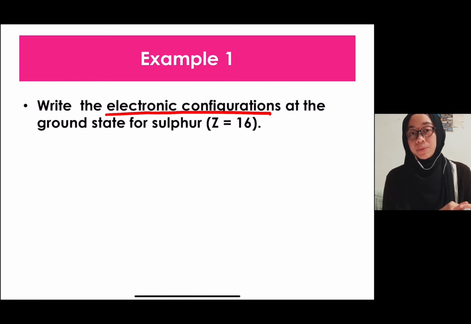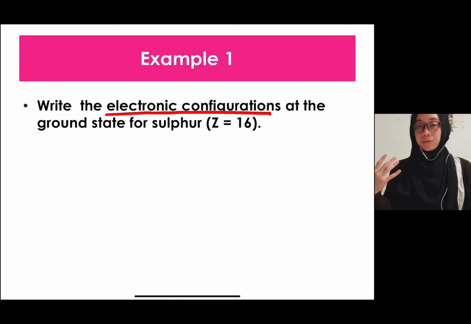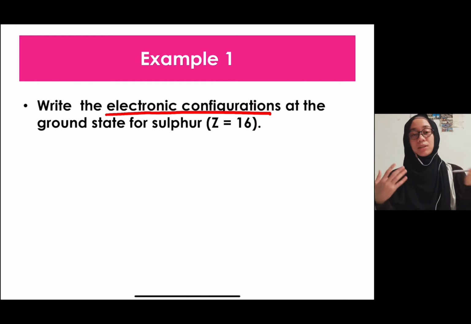Kalau kamu buat SPDF notation, then your answer would be wrong. So same goes to kalau soalan minta write the SPDF notation tapi kamu bagi orbital diagram, itu adalah salah. Tapi kalau dia bagi secara general write the electronic configuration for sulfur, therefore you can choose either one.